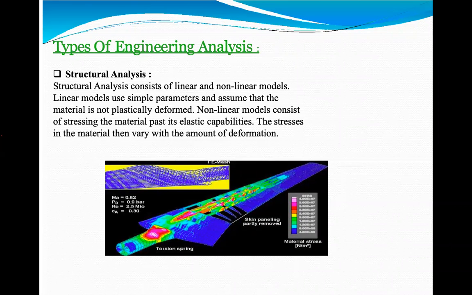Because if you have higher strains, then the equipment or the structure may not perform well. We can take one example of the turbine blades.